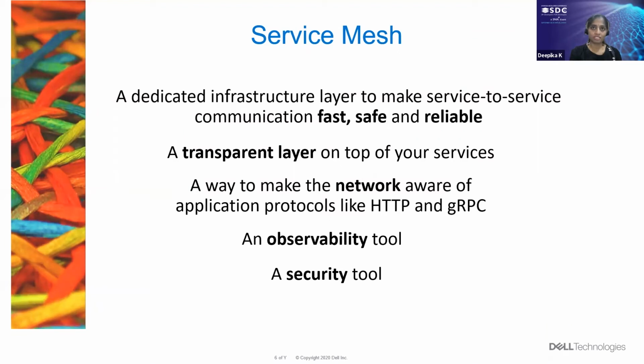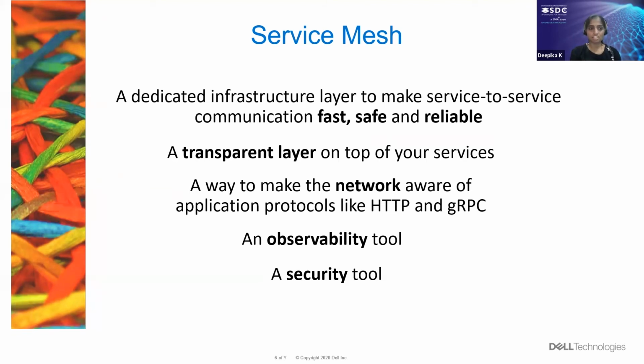Now, we went through the challenges of microservices. We shall see how a service mesh overcomes these things, or how it helps us. A service mesh is a configurable, low-latency infrastructure layer designed to handle a high volume of network-based inter-process communication. In simple words, it is a dedicated infrastructure layer to make service-to-service communication fast, safe, and also reliable.